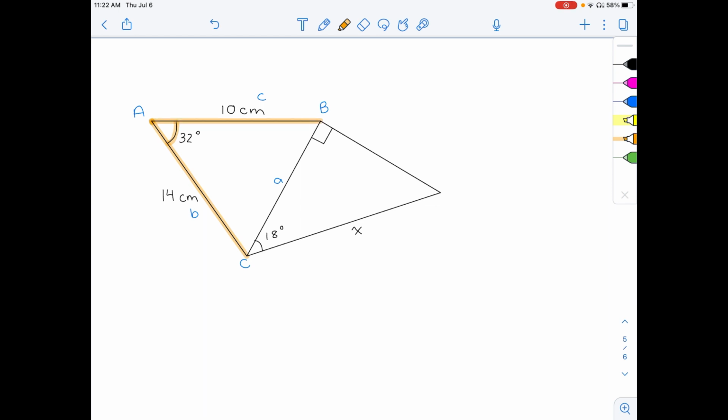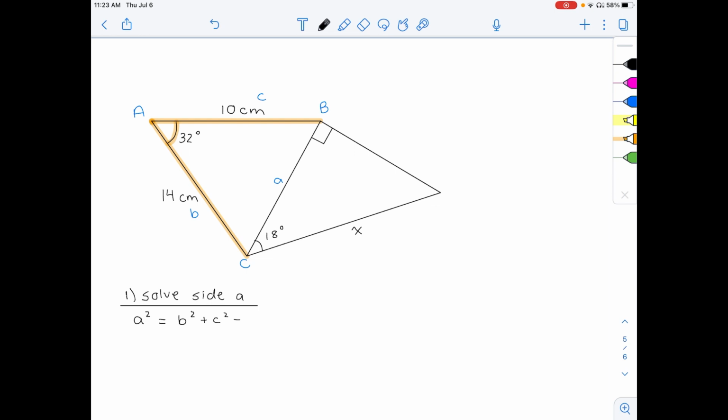So this means that we can set up cosine law to solve for side a. Our first step here is going to be solving side a. So I'm going to set up cosine law, and I'm using the a squared version of the formula because that's how I solve for side a.